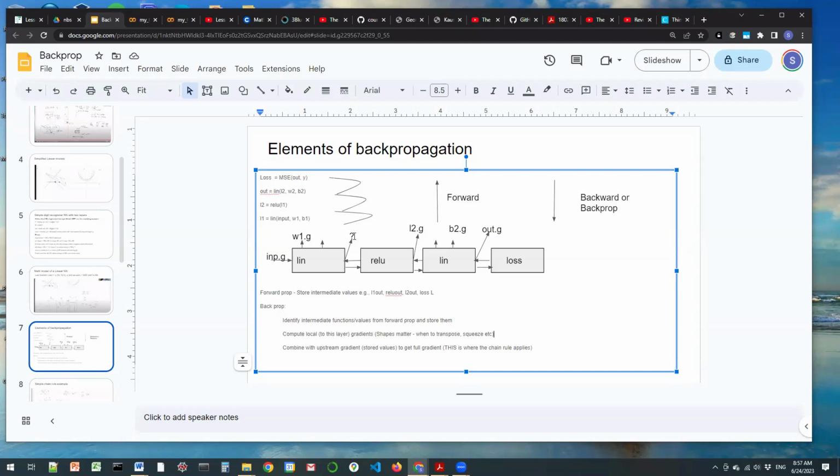Still there? Andrea, Emily, anybody have any thoughts on what the upstream gradient coming into the first linear block would be?